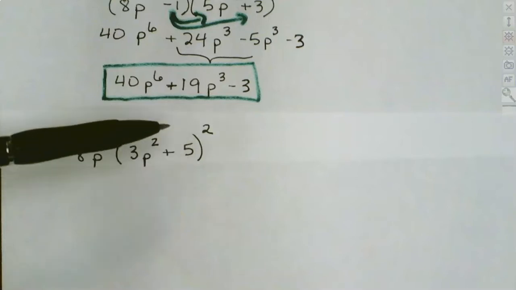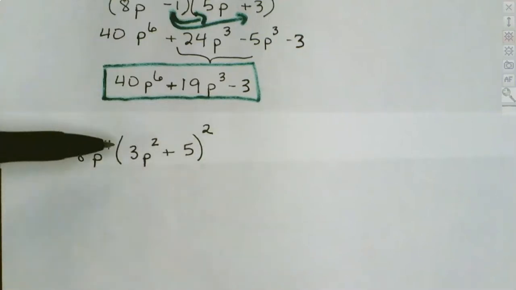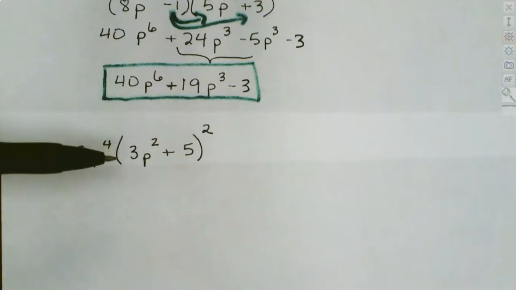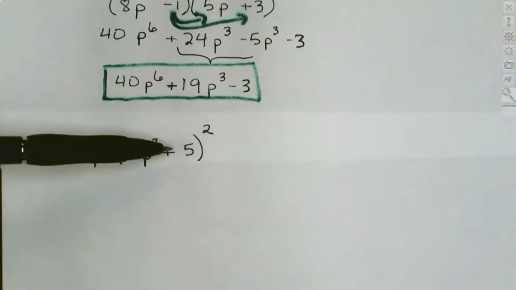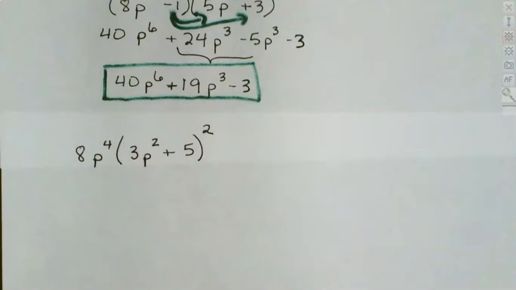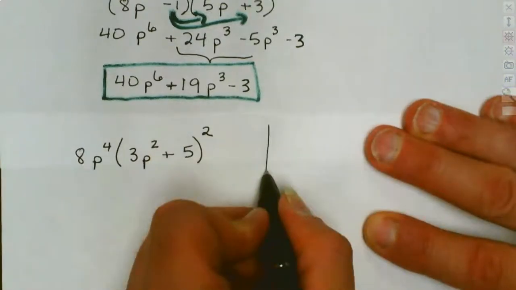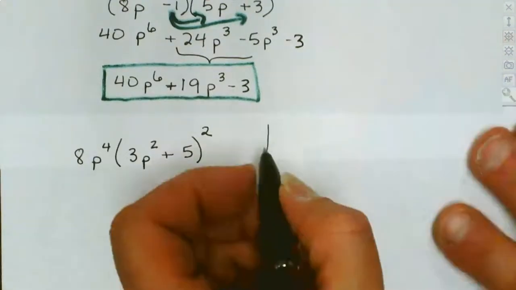What we have to do for this problem is FOIL it by writing it out twice. And then the very last thing that we do is multiply through. So the exponents always go first. Again, you cannot just distribute it through. What you have to do is write it out twice and FOIL.